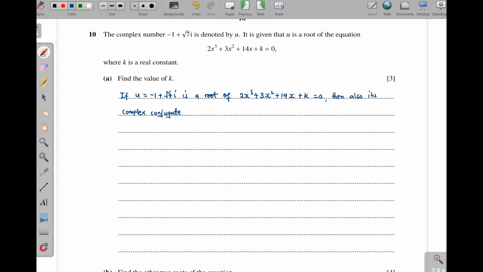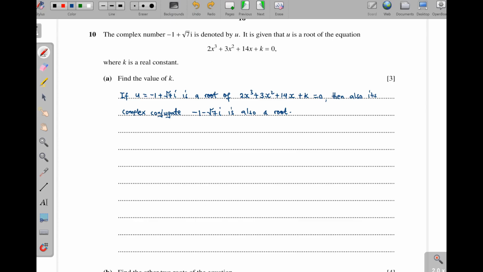How do we get the conjugate? We just change the sign of the imaginary part. Now we are having two roots, so meaning we can now get the quadratic factor that comes out of these two roots, okay?